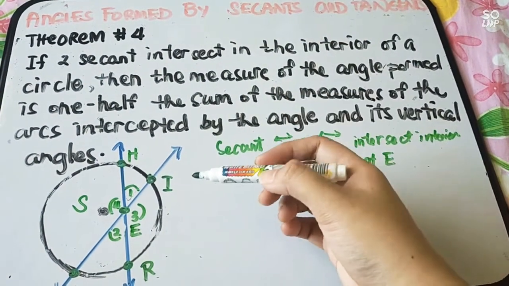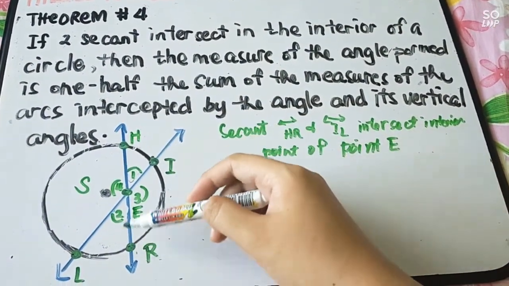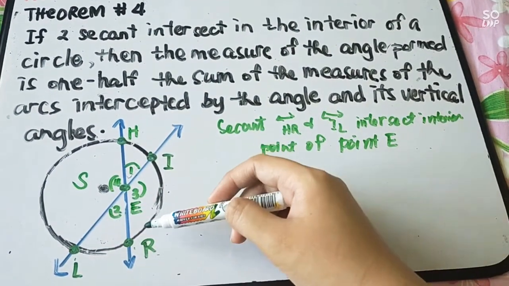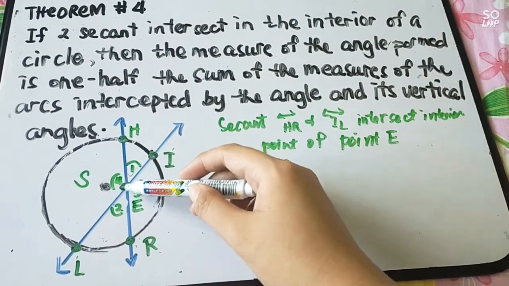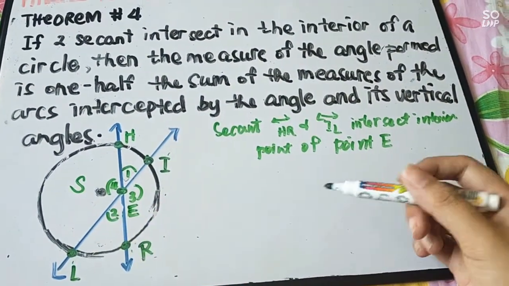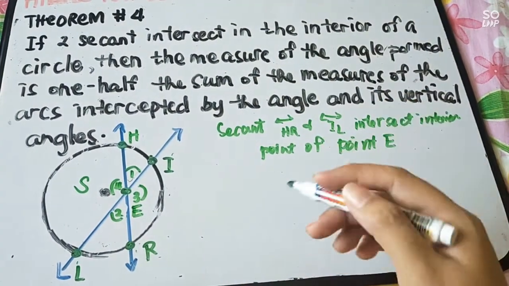You can also name them angle HEI, angle REL, angle REI, or angle HEL. I just labeled them angle 1, 2, 3, and 4 to make them easier to write.